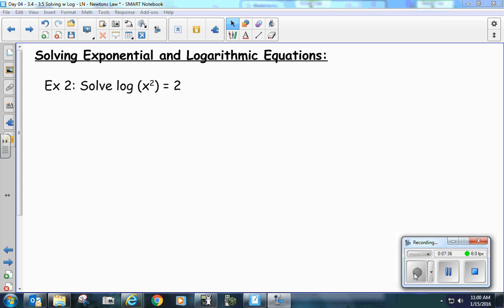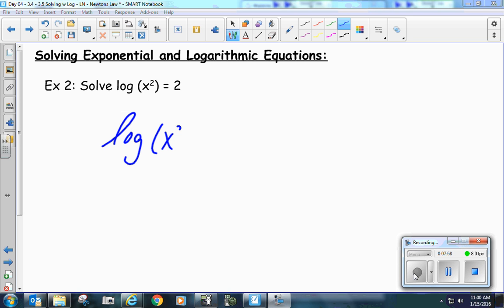All right. Example 2. How should we solve this one? Any ideas? Those of you that did that homework last night, any ideas? How do you think we should solve this one here? So if I have the log of x squared equals 2, what's my base? 10.